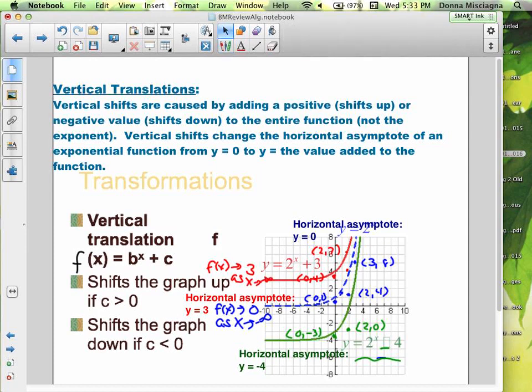And on the green graph, the one that's been shifted down 4, it now has a horizontal asymptote at y equals negative 4, so f of x goes to negative 4 as x goes to negative infinity. So we've changed the range, the end behavior, and the horizontal asymptote if we add something to the whole function. We're going to shift it up and down.